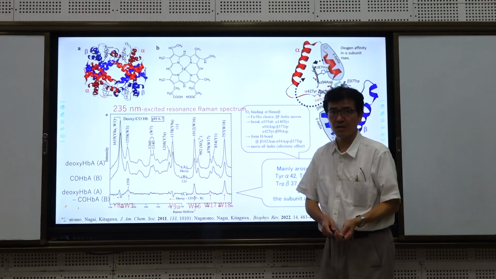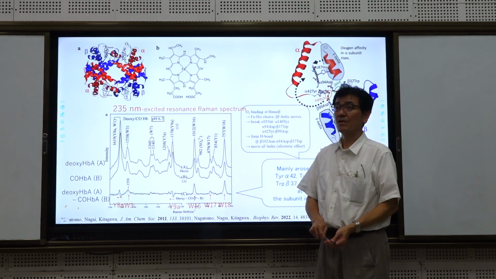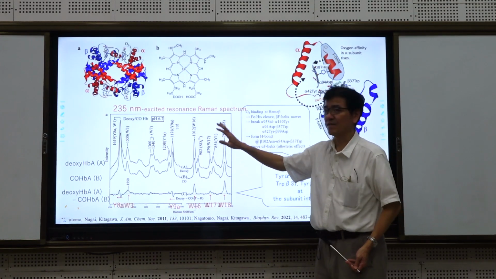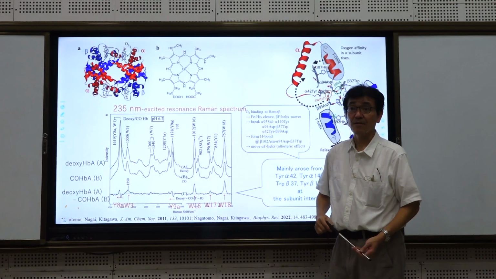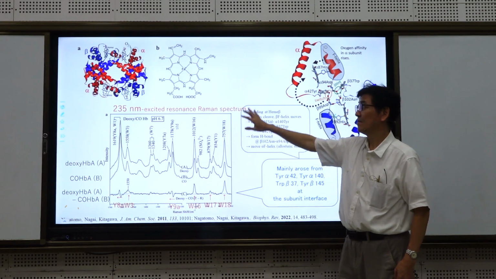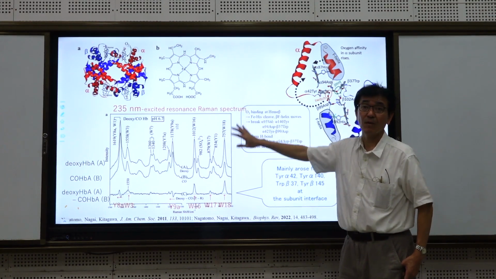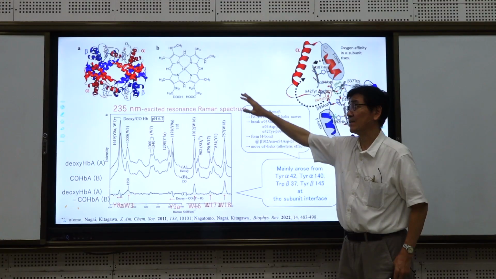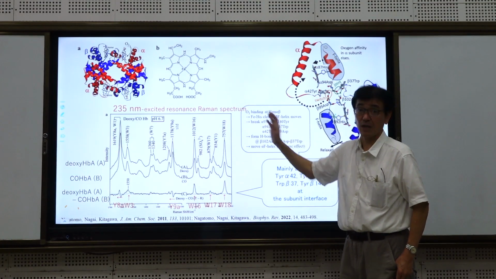But depending on your sample and your purpose, please choose the same methodology. Okay? So this is a typical way to analyze biomolecules. Today I introduce an example of a project.